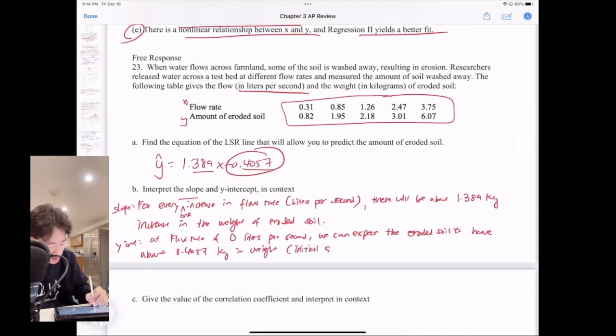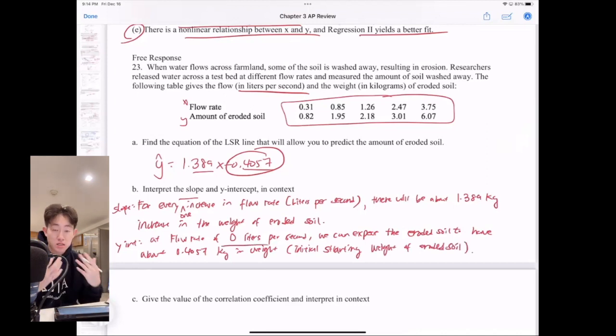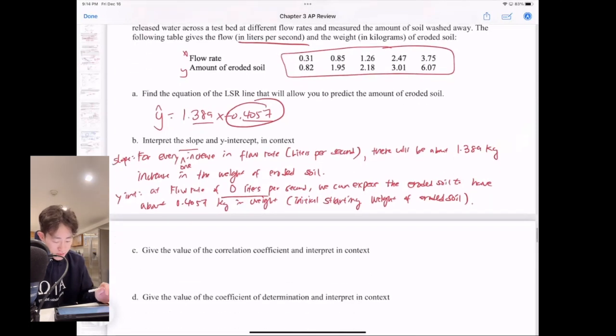Initial starting weight of eroded soil. That's what it is. So specifically say that the x is equal to 0 and say the amount, whatever they have specified. That's the y-intercept for this equation.